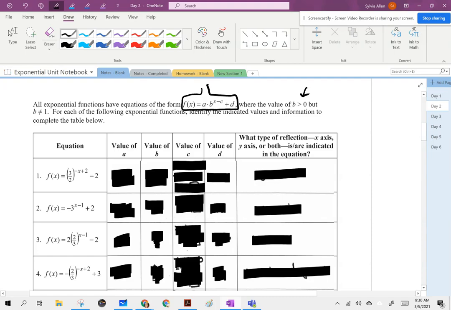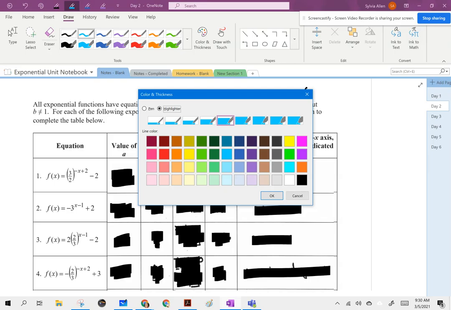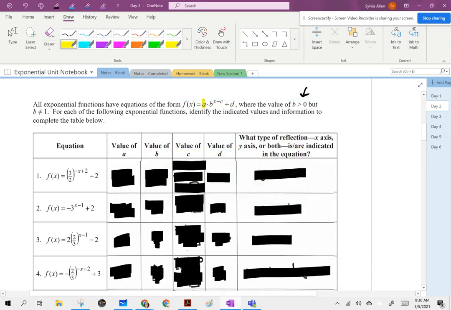So if we take a look at this, notice that the A, let me try and see if I can highlight that. The A is the number in front of the base. Then the B is what is being raised to the power. And then the D is at the end.